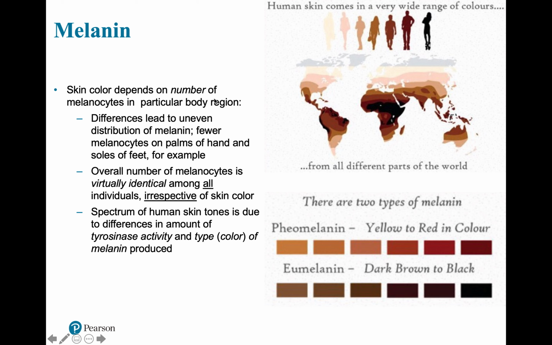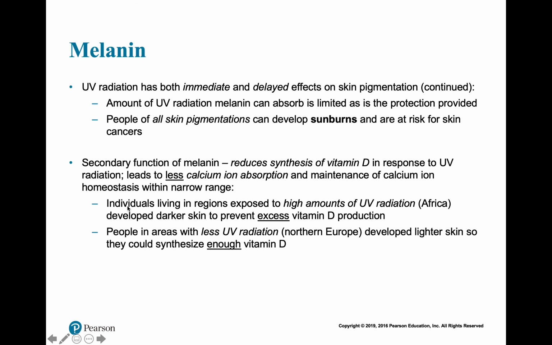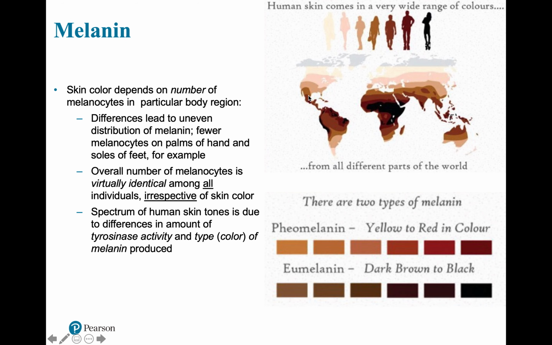So I'm going to switch to this to show you. I stole this picture from the internet because it shows what this is talking about: individuals living in regions exposed to high amounts of UV radiation. The individuals in these areas of the world would be exposed to higher amounts of UV radiation.